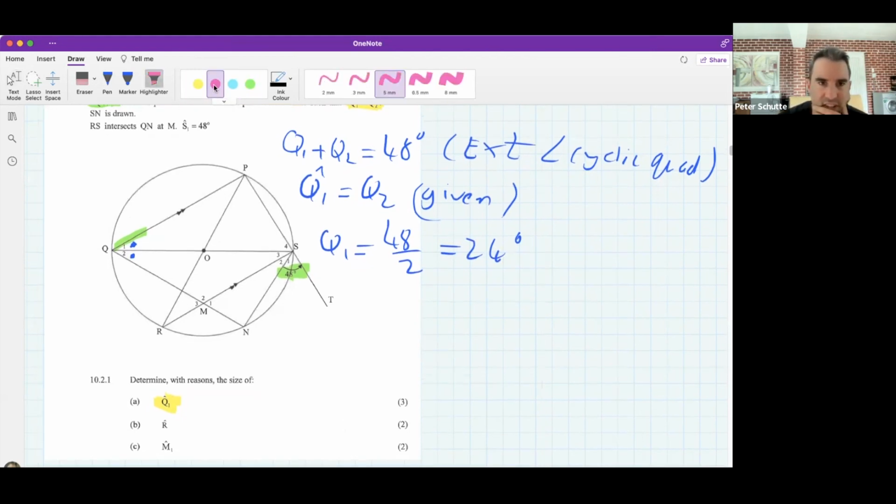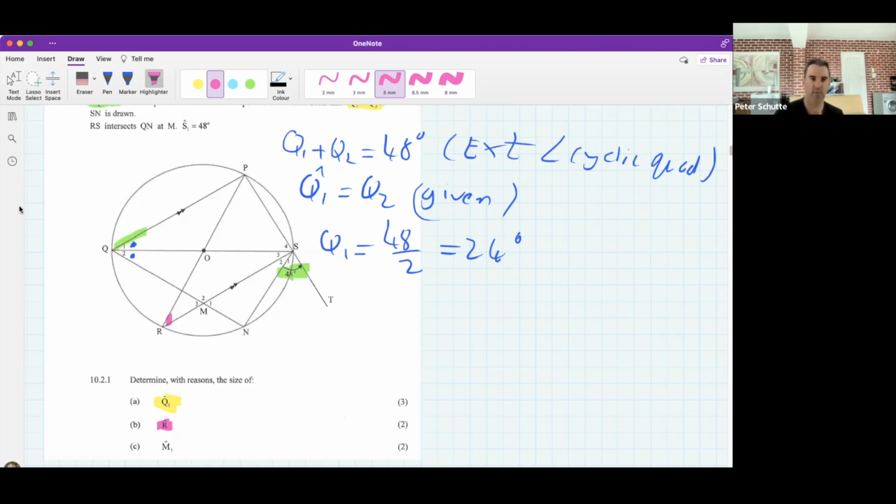Let's see if we can find R now. So R is down here. Let's take some time to try and do that. What other information might be helpful in this?